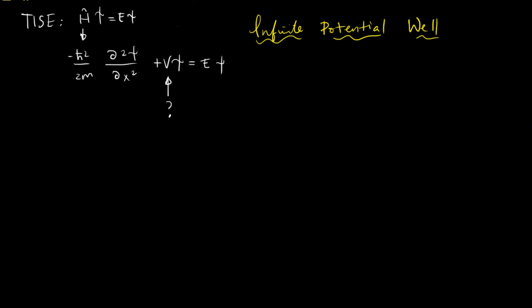So let's say I define the potential, which is dependent only on x, and this is equal to 0 if 0 is less than x is less than a, and a is just a number that we'll see shortly, and it's equal to infinity otherwise.